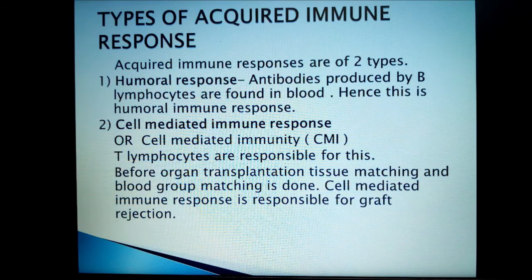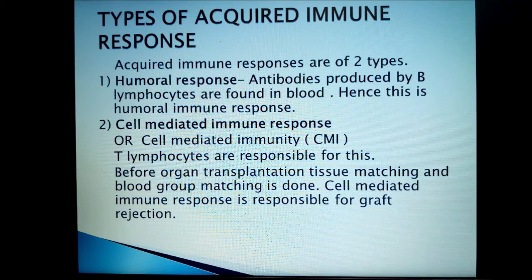Humor means fluid. Blood is a body fluid, and in this body fluid the antibodies are found, and these antibodies are produced by B lymphocytes, and hence such an immune response is called humoral immune response.